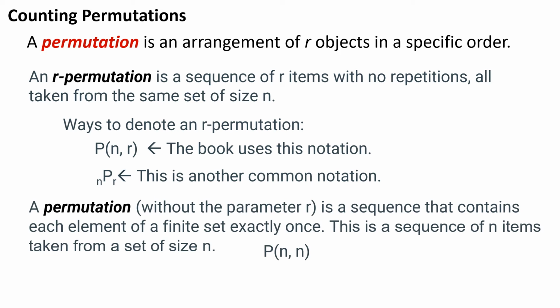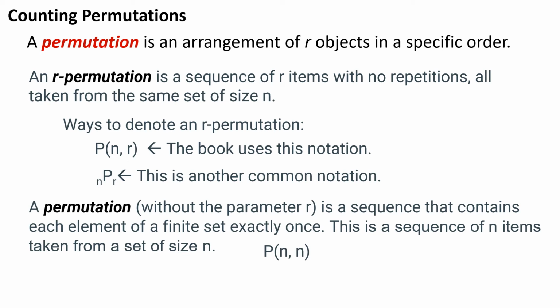Okay, now, since the book sometimes talks about an r-permutation, we need to talk about what the book would call a plain permutation without the parameter r. Again, that first definition that I gave at the top, that's all you really need to know.